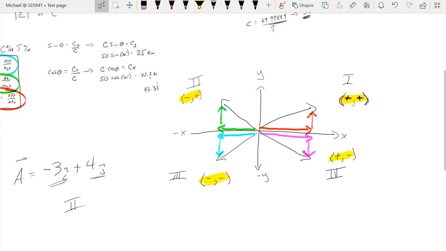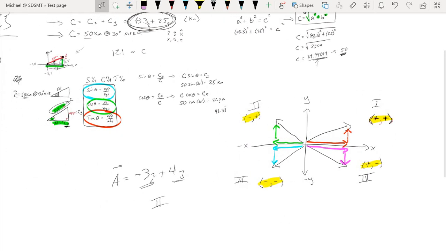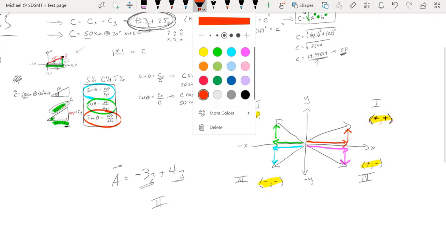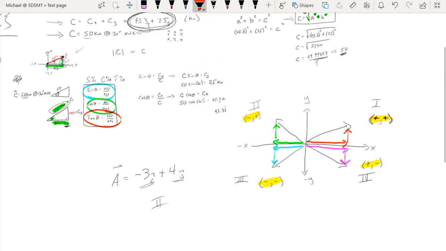Now, one other thing that I want to bring to our attention: you may have noticed that whenever I draw most of my vectors, I usually start by drawing along the x-axis, and then I draw along the y-axis. Would it be okay to measure your y component first and then measure your x component?